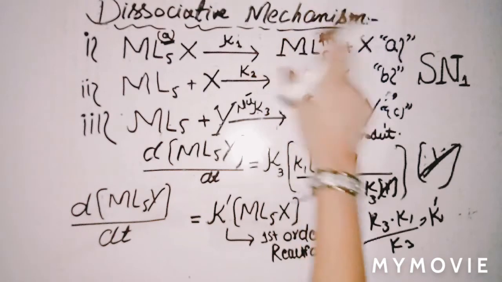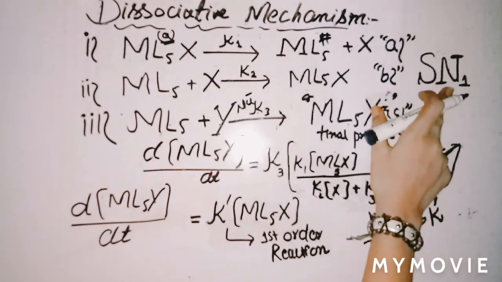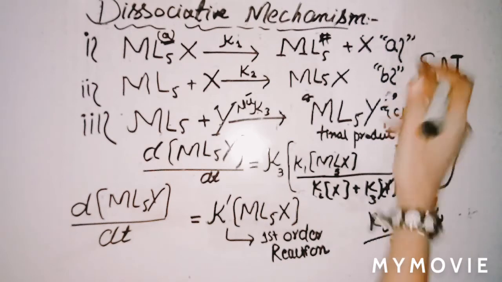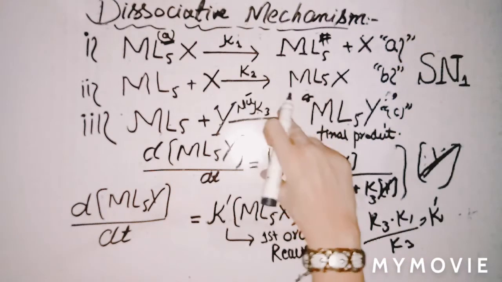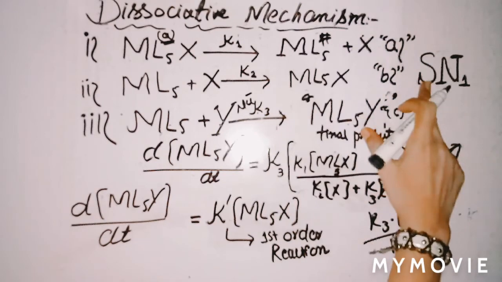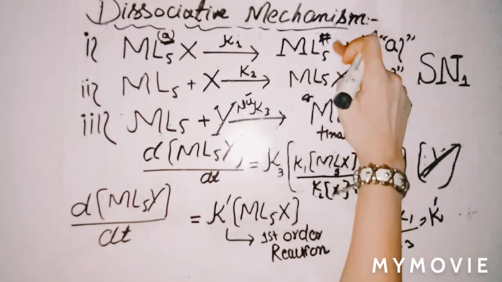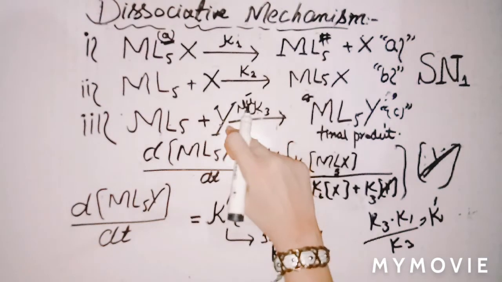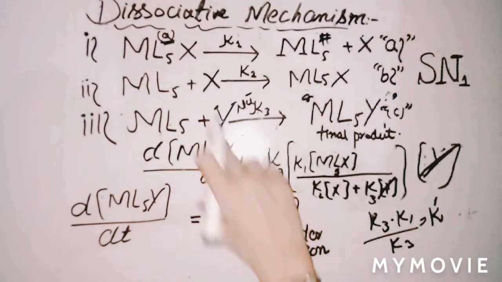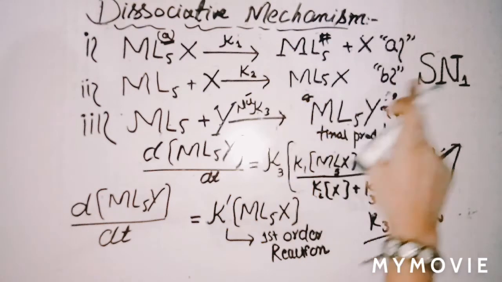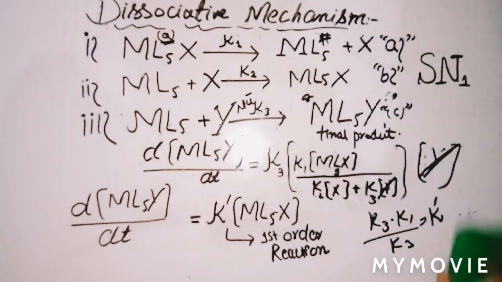So the dissociative mechanism actually follows the SN1 mechanism pattern, because in the SN1 mechanism first of all an intermediate is formed, then this intermediate species reacts with the incoming nucleophile and the product is formed. In the whole dissociative mechanism, it is clear that it is an SN1 mechanism.